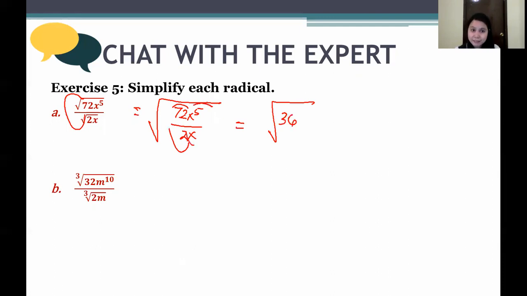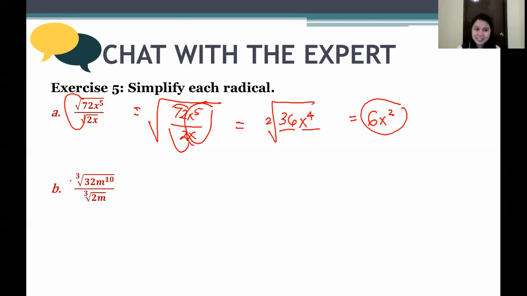X to the 5th divided by x: subtract the exponents, x to the power of 4. Let us now simplify. Square root of 36 is 6. There's 2 here outside, right? So x to the 4th divided by 2 for the exponents, x squared. No remainder, so everyone stays outside.